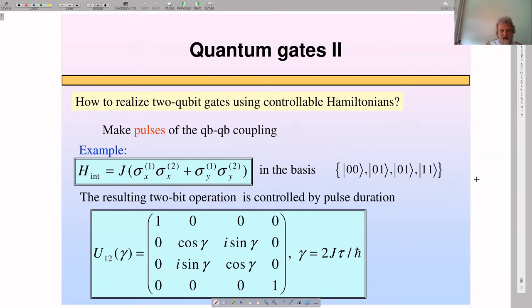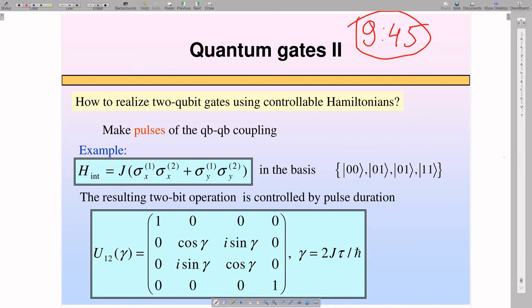Right, so I have a little example of how to make a CNOT with such gates, but I think I will tell about it after the break. So I promised to make large breaks. Let's see. Let us meet in 12.